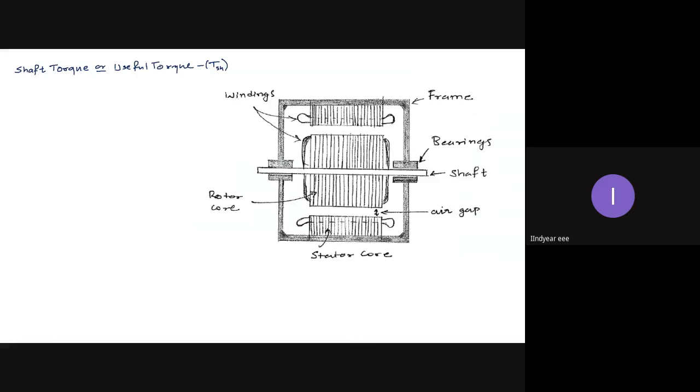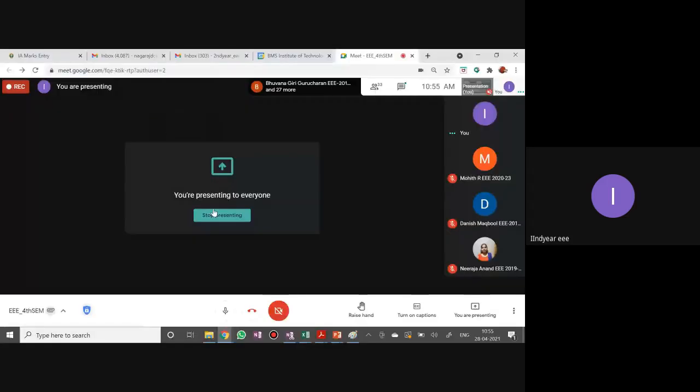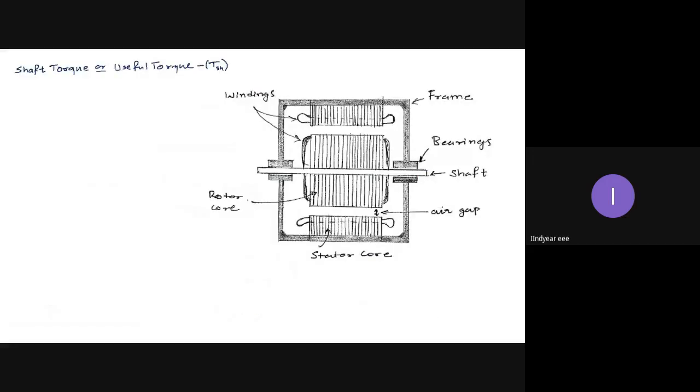Now, this is the general rotating machine structure, motor structure. Whatever torque is developed is developed in this armature. Let us consider this is the armature. Now the load is connected somewhere here.